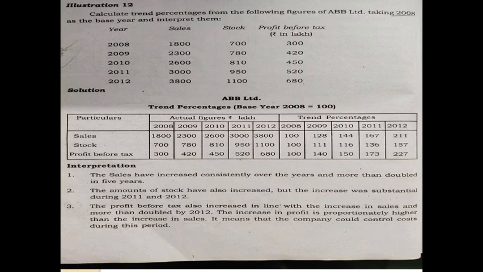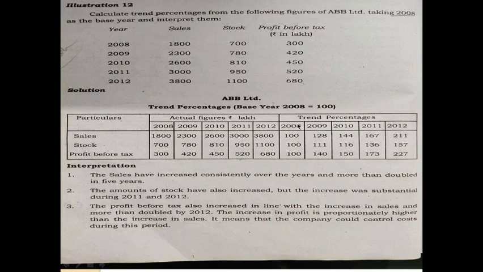For example, 2600: what is that amount? Which year is it related to? You need to be aware of that. These are some areas where you might end up with careless mistakes. Easy question, but you might end up with some issues. So be careful. 2008 sales 1,800, in 2009 2,300, then 2,600, 3,000, 3,800. Likewise stock, same procedure, and profit before tax, same case.